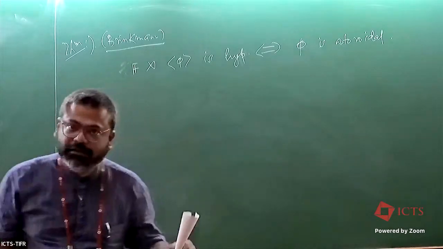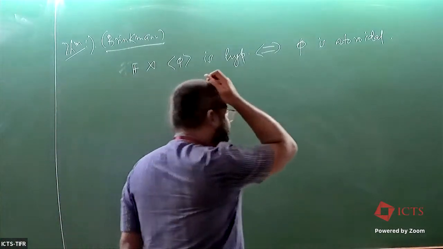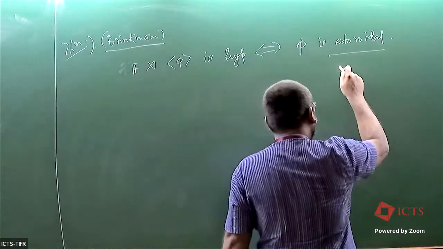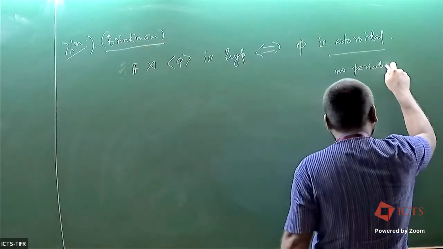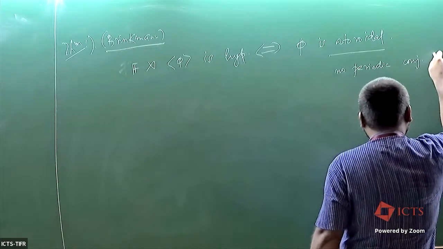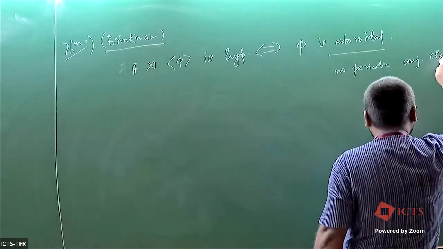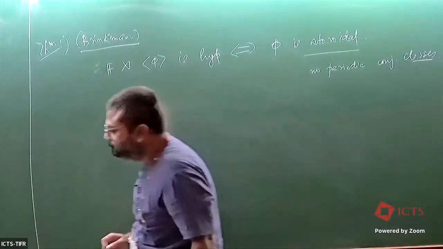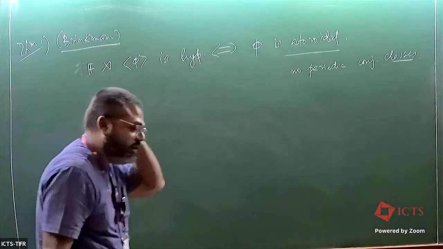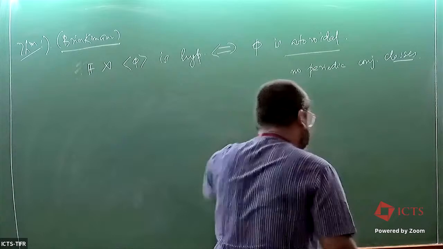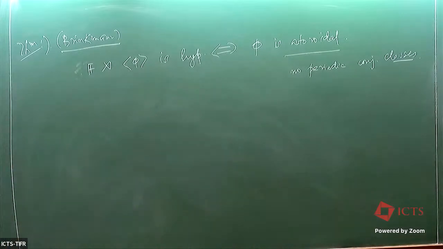Atoroidal meaning, if you have been in Daman's lectures, no periodic conjugacy classes. Of course, we want to extend this result and try to see, beyond hyperbolicity, what about relative hyperbolicity? And that's one of the main focuses today.